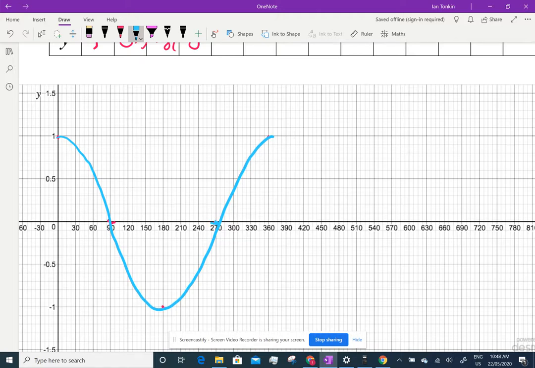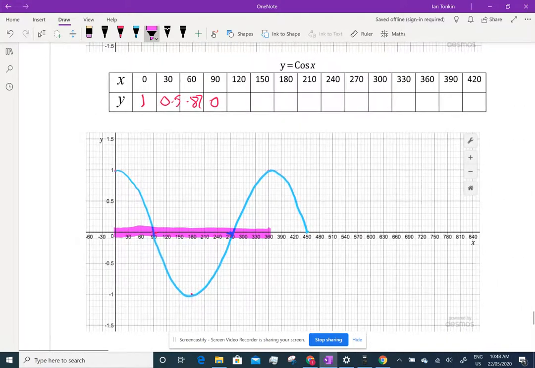And it had come back down and hit 0 again after 90 of 360. So at 450, it's going to hit 0. And again, this one has a period of 360. It starts repeating itself after 360. And there's your cos curve.